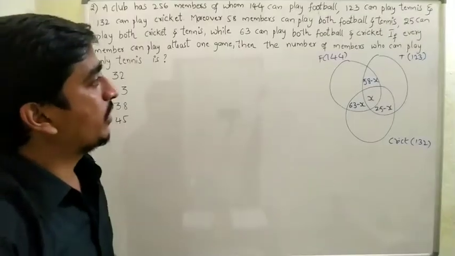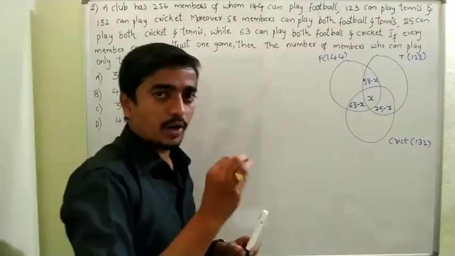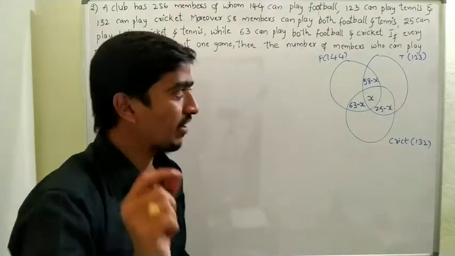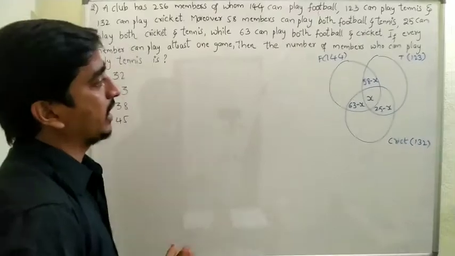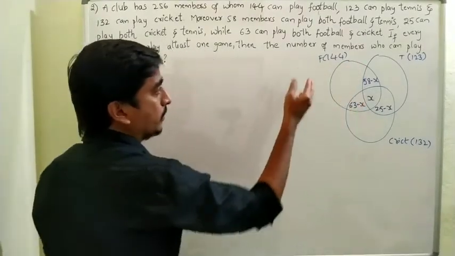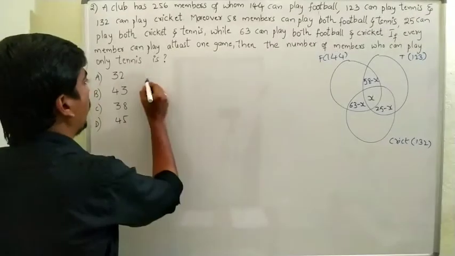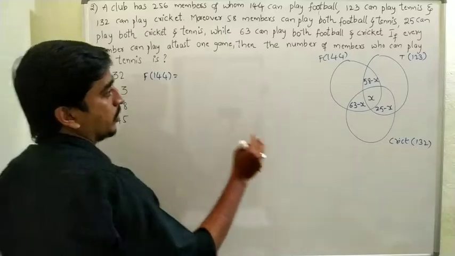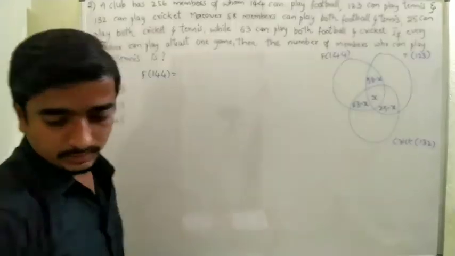Now we have to find the number of players who can play only one game, that is tennis. First, let us find how many players can play only football. For football, total 144 members are there.